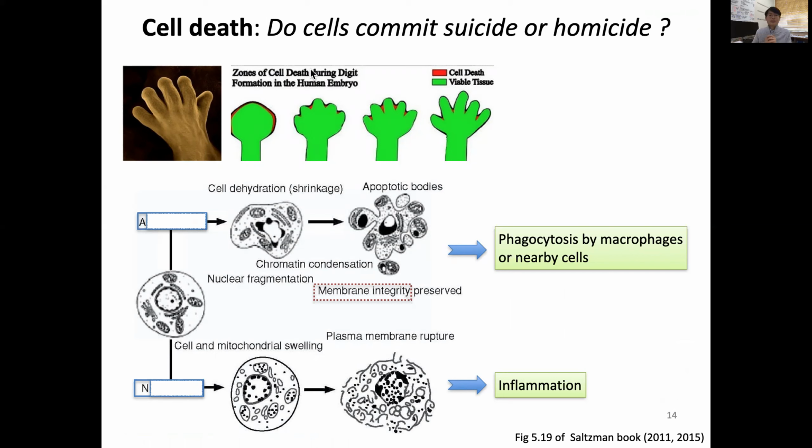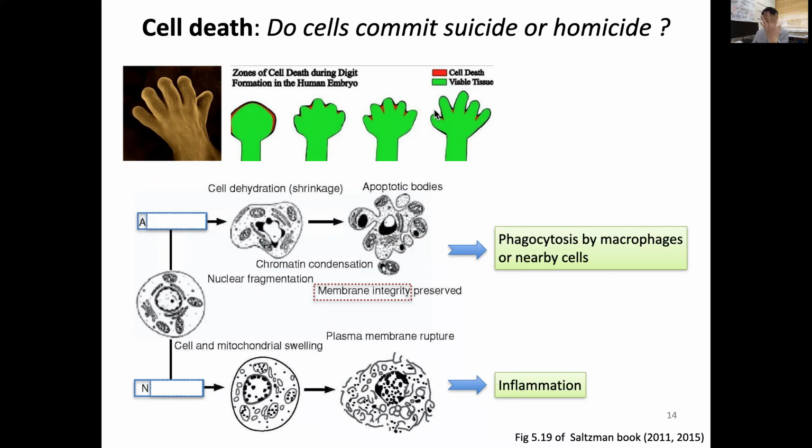There's a very interesting phenomenon in, let's say, the development of our fingers or webbing. We originally develop an embryo like this. And then the cells in between the digits start to die out, the red colored ones.